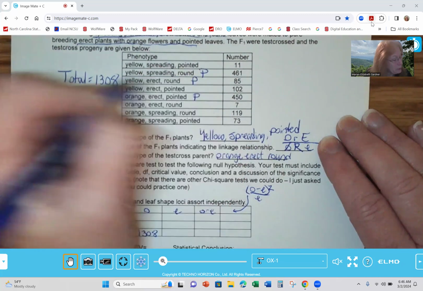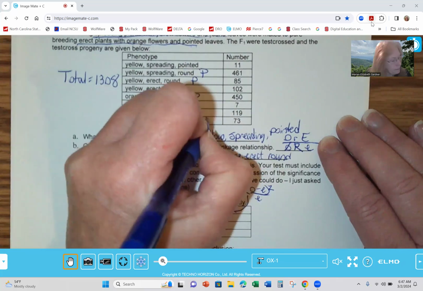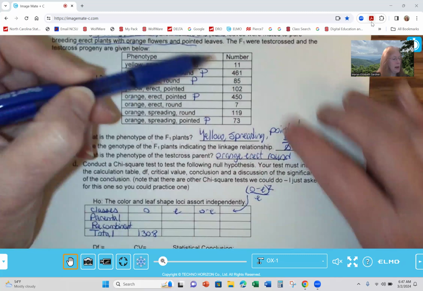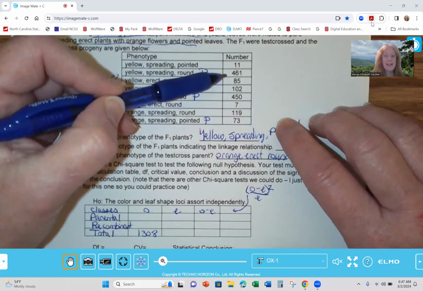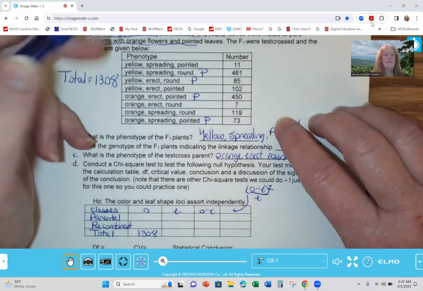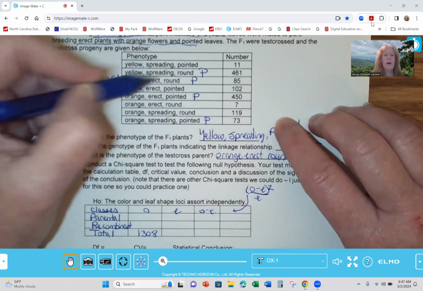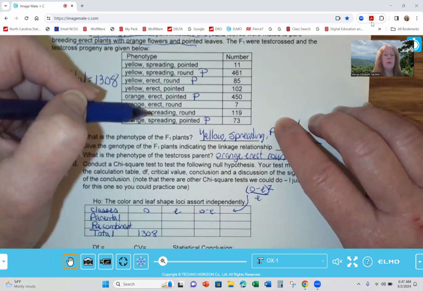So parental orange pointed and parental orange pointed. Notice when we did this, the non-crossovers were parental. That makes sense because we didn't have any cross there. And then this configuration we have for the non-crossovers, so the yellow round and the orange pointed, are the ones that are going to be parental for this particular case.